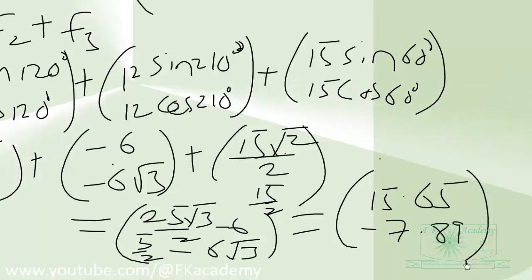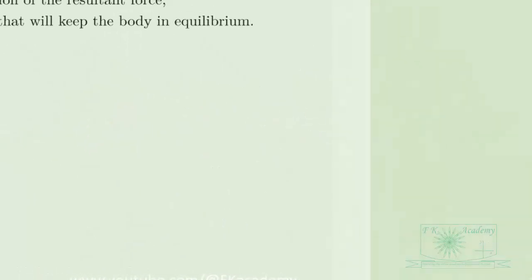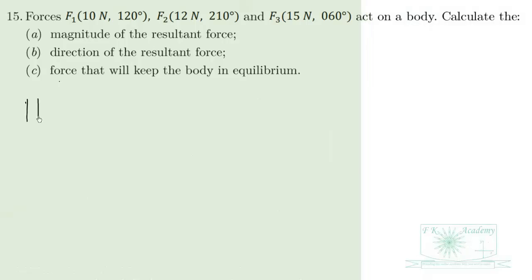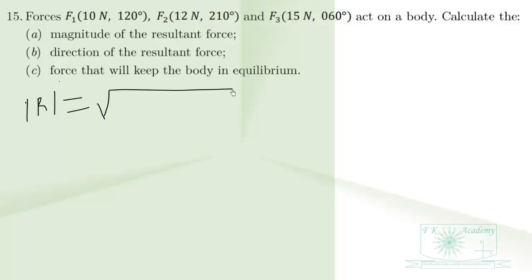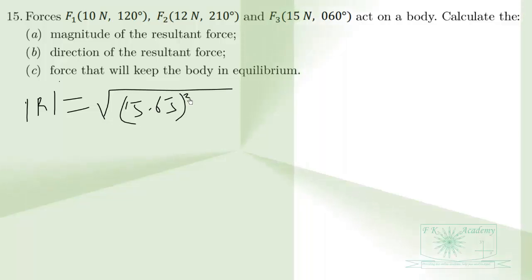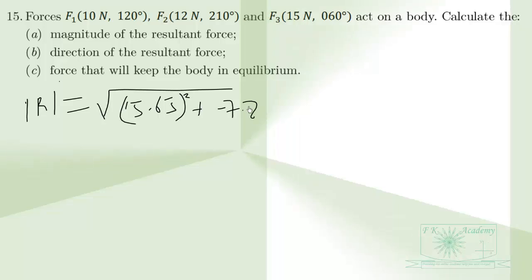Now we have to find the magnitude of the resultant force, given by R. R magnitude is equal to the square root of 15.65 squared plus negative 7.89 squared.